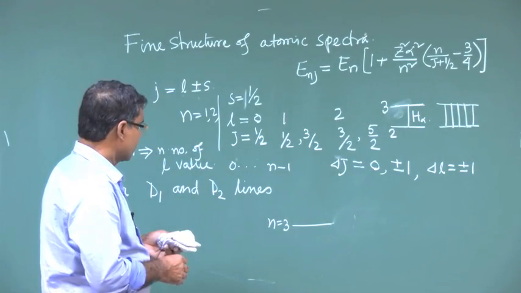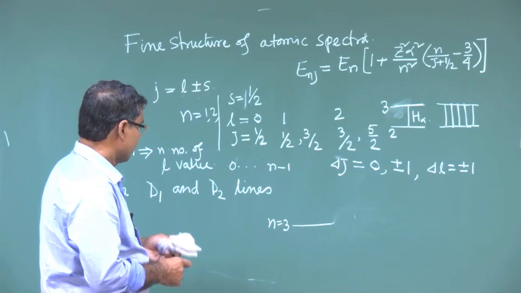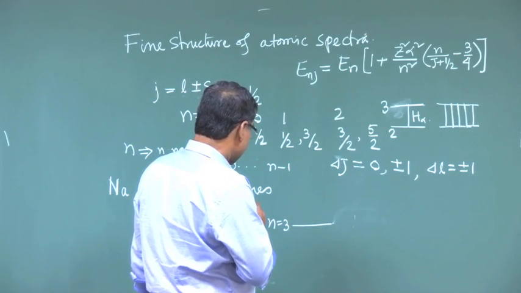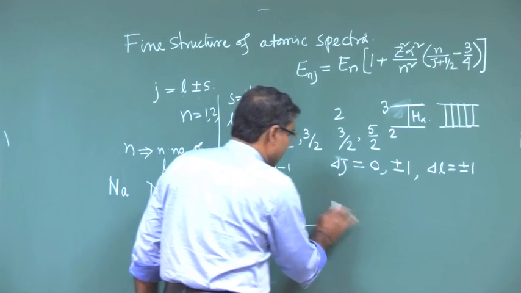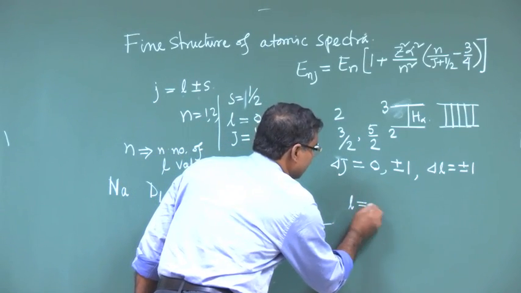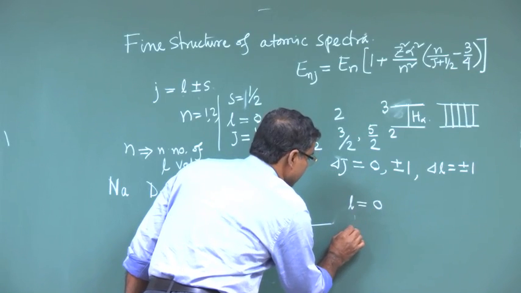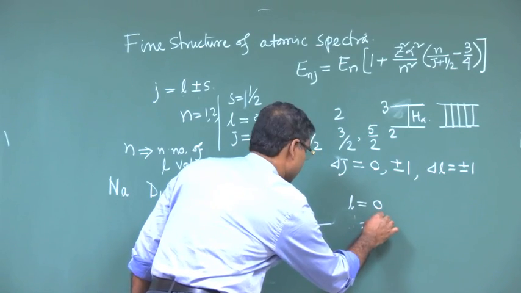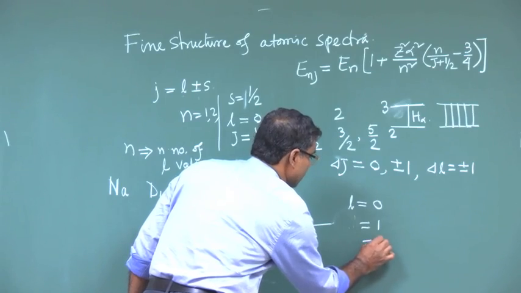You remember that for n equal to 3, there are 3 possible values: L equal to 0, which is S, L equal to 1 and L equal to 2.